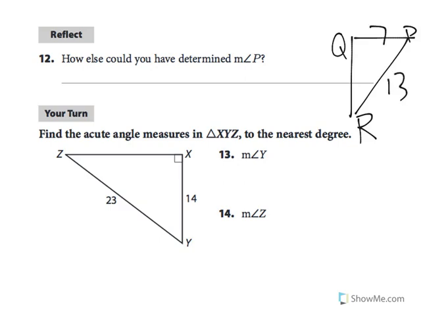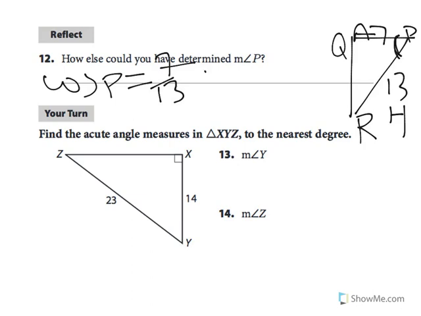Well, if we are observing from P, then we have adjacent and hypotenuse. So we can use cosine of angle P is equal to 7 over 13. So then the measurement of angle P is equal to cosine inverse of 7 over 13.